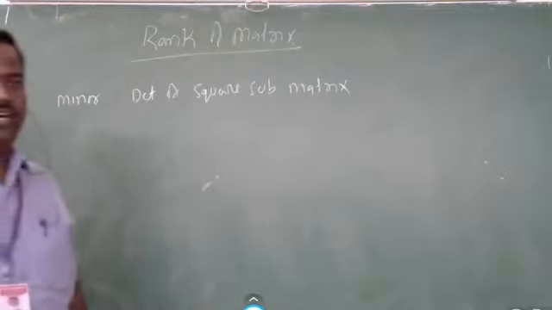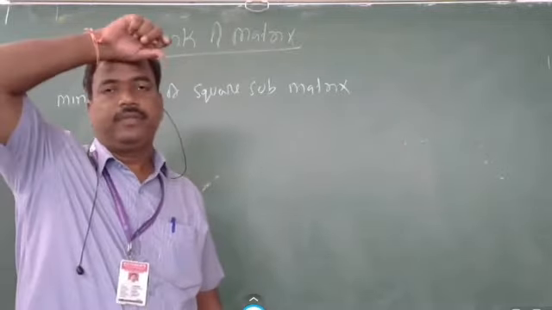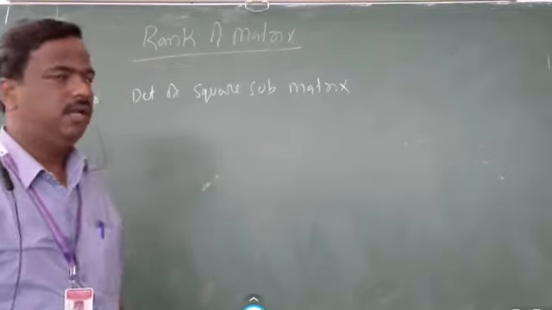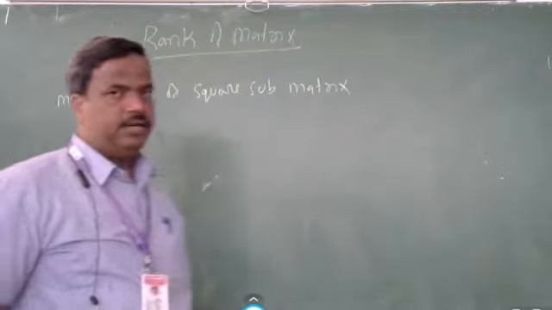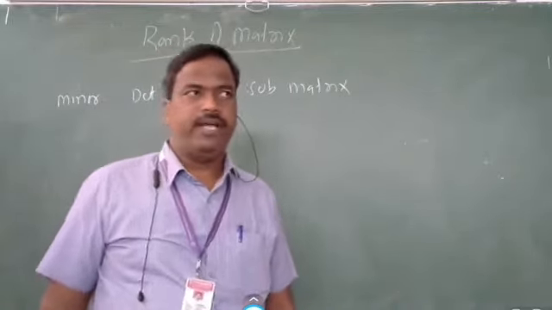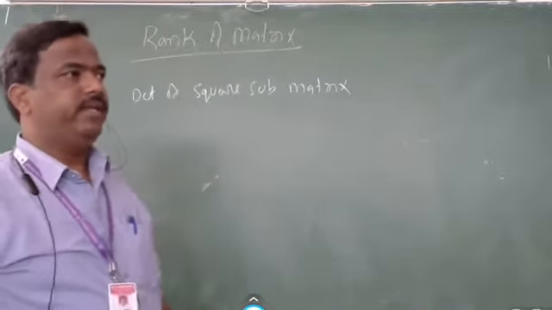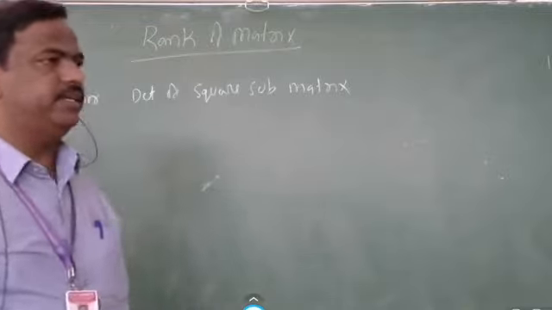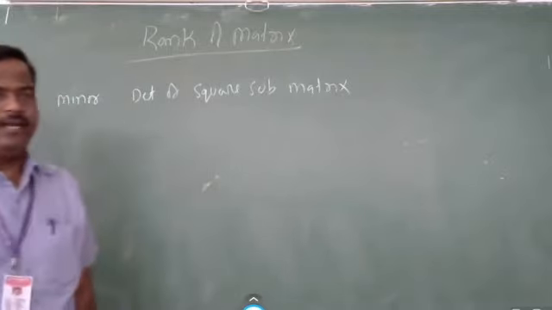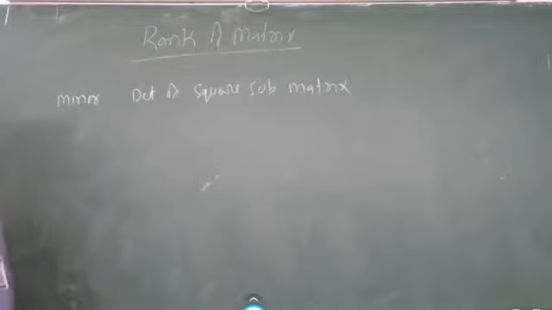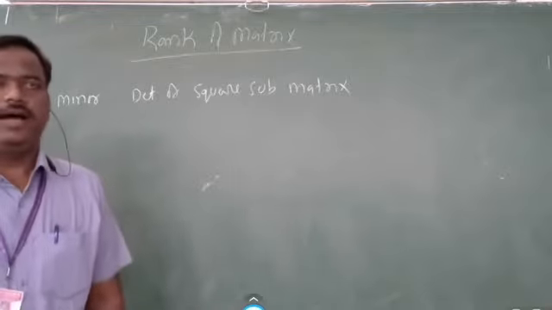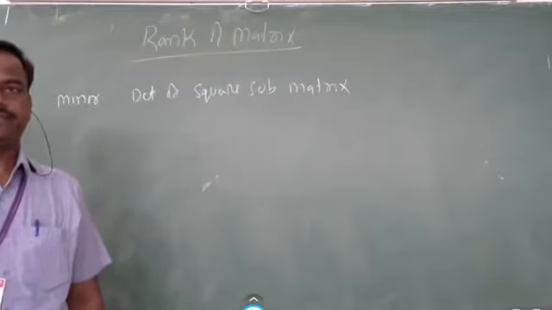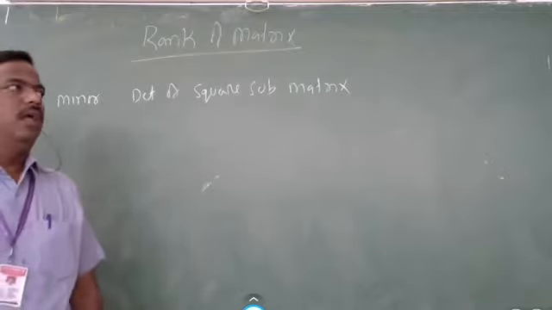Let A be any square matrix, and the minor of an element Aij can be obtained by eliminating the ith row and jth column.